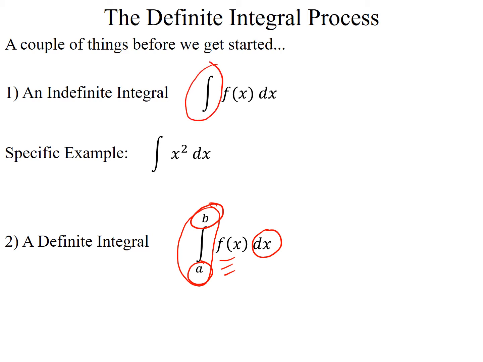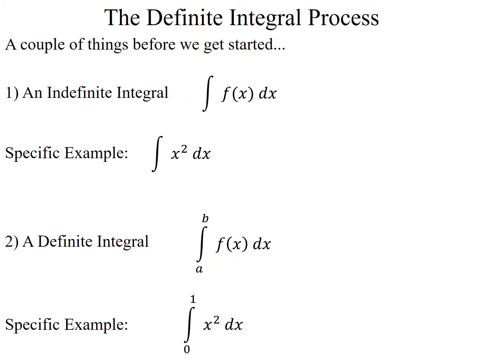And then for a definite integral, we have the integral symbol with numbers on it, top and bottom there. A specific example of a definite integral is something like this. Again, we have the integral symbol here, but you see there's a number on the bottom, a number on the top, and then dx over here, and then of course some function in between. So that's the notation, first of all.